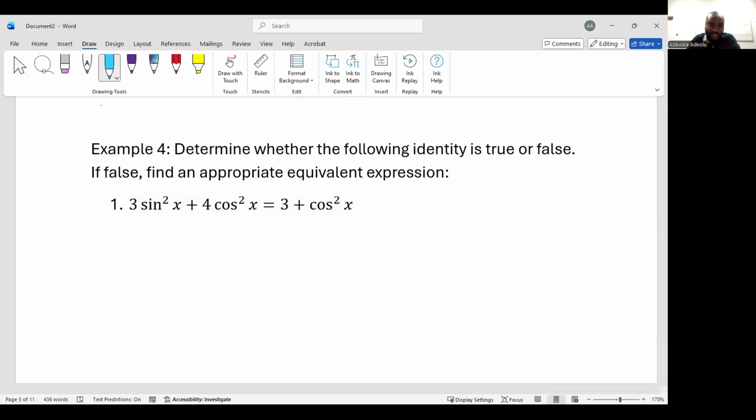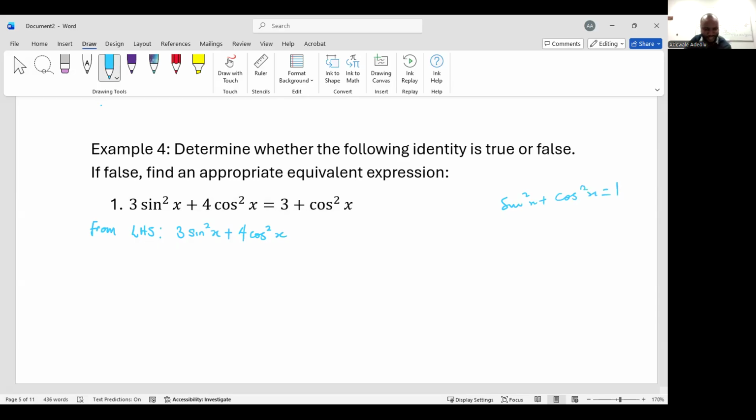In this case, I will start with the left-hand side, which is 3 sine squared of x plus 4 cosine squared of x. This looks like something that is familiar, like sine squared of x plus cosine squared of x equals 1.